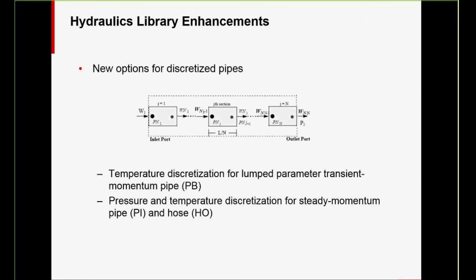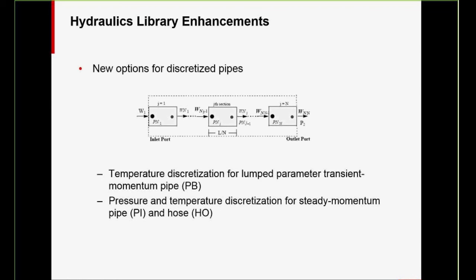Another hydraulics library enhancement in Easy5 2017 is some new options for discretized pipes. For the transient momentum lumped parameter pipe PD, there is now an option for temperature discretization. This pipe has always included flow discretization and pressure discretization.